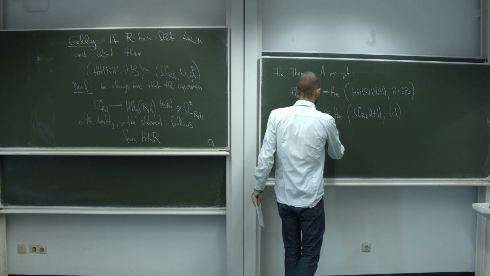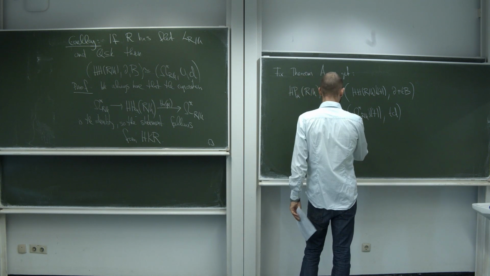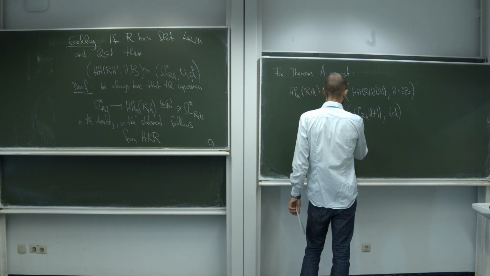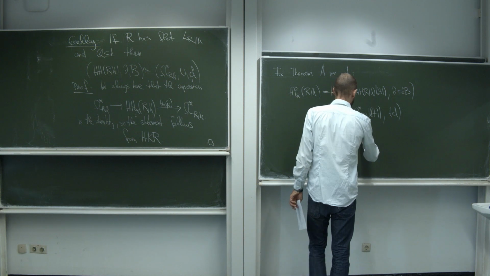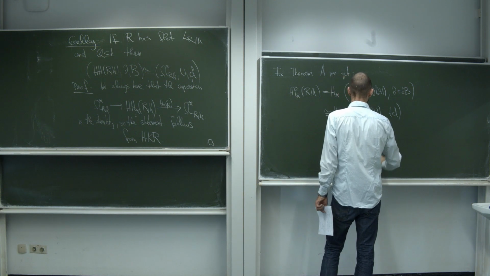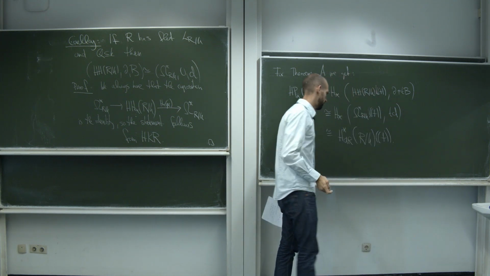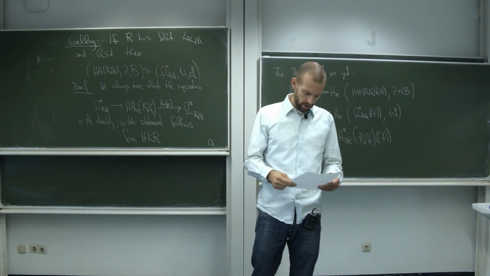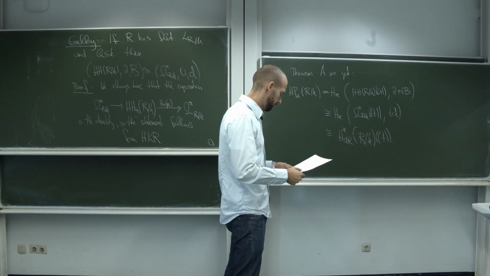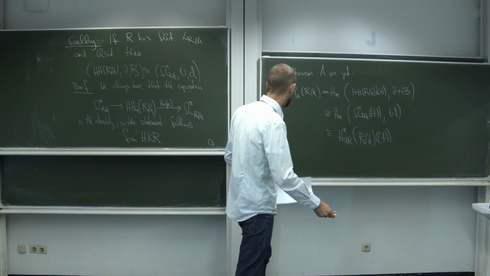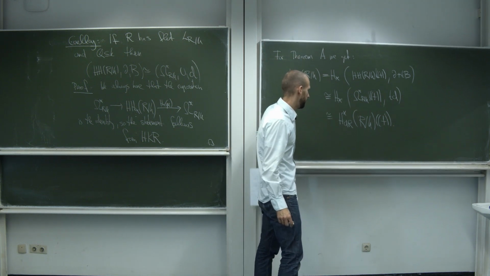But still, this is isomorphic to the two periodic de Rham cohomology of R relative K, with T, because T is actually a cycle. Okay, and that gives the proof of theorem A.